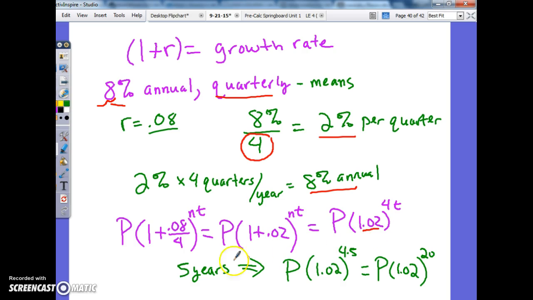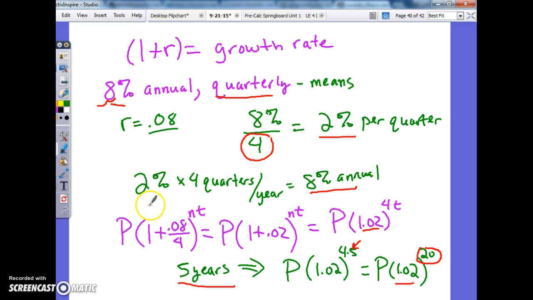Okay. So if I'm going to figure my interest out for 5 years, this is where we have to know the difference. It's to the nt. Well, what was n? Quarters, right? So we're going to go for 5 years, but how many quarters in a year? There are 4 quarters in a year, so we're going to have 20 compounding periods in 5 years. But it's also at that adjusted rate, at 1.02.